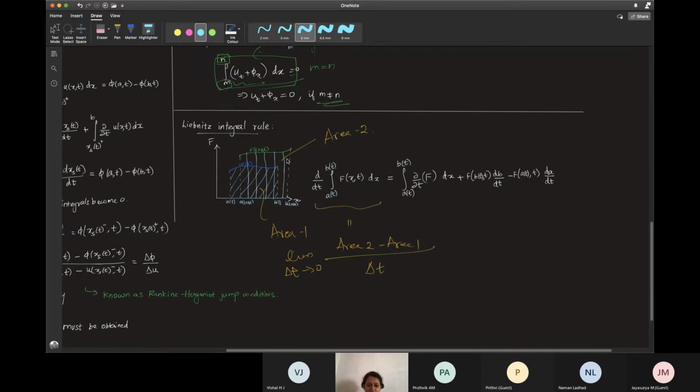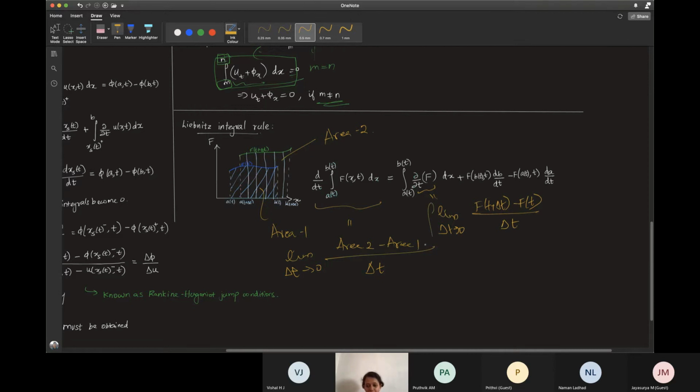If you just take this derivative inside, dou by dou t of f, this is f of t and this is f of t plus delta t. Now dou by dou t of f is actually the limit delta t going to 0 of f at t plus delta t minus f at t by delta t.